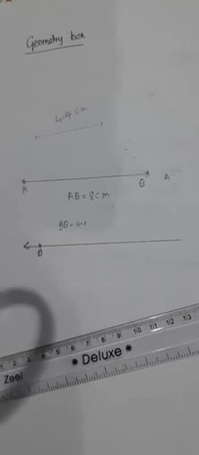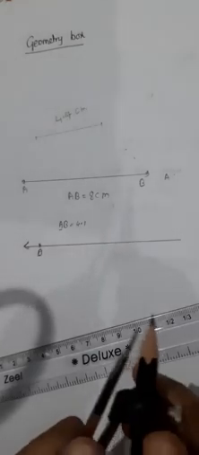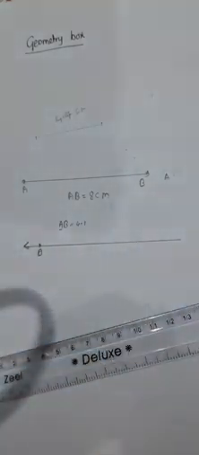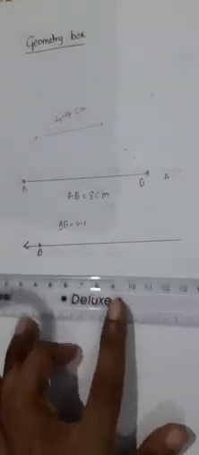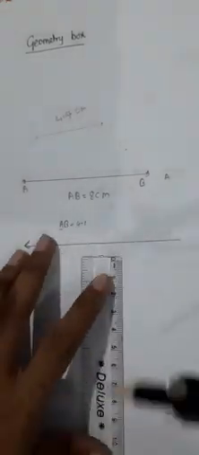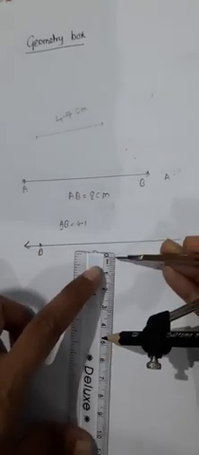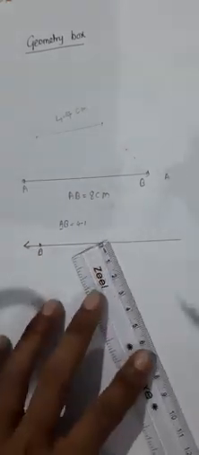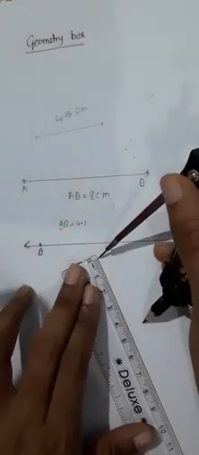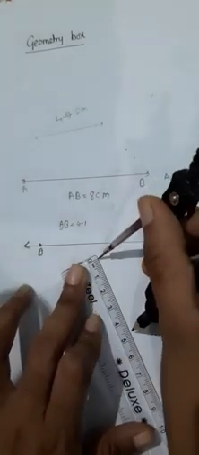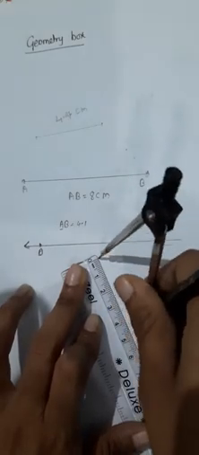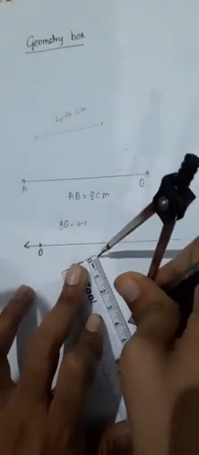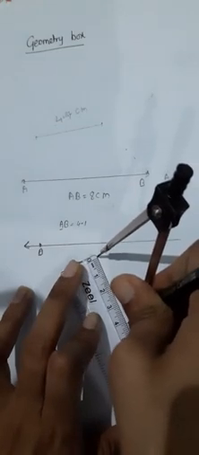Then take your compass and insert the pencil in the compass. You know, this is a compass. Using the compass and scale, place the compass on the 0 mark and open it to 4.1, exactly one small line after 4.